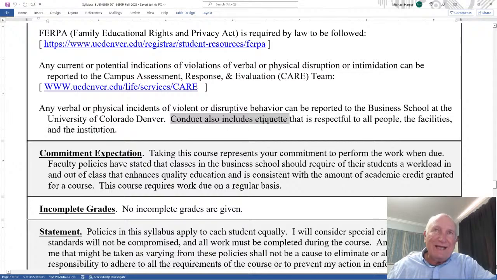Conduct also includes etiquette that is respectful to all people, facilities, and institutions. And I think the key word here is respect. Respect each other. Respect why we're here. We're here to learn. Respect the institution that's here to teach. Respect the facilities. They're here for us to be able to learn well.